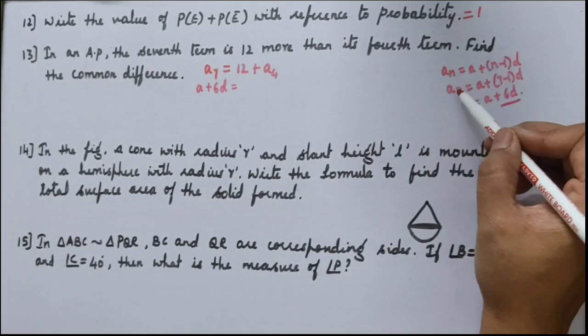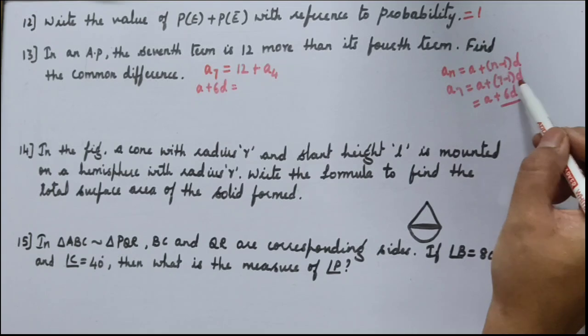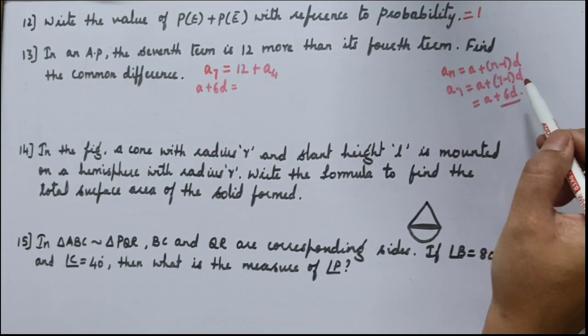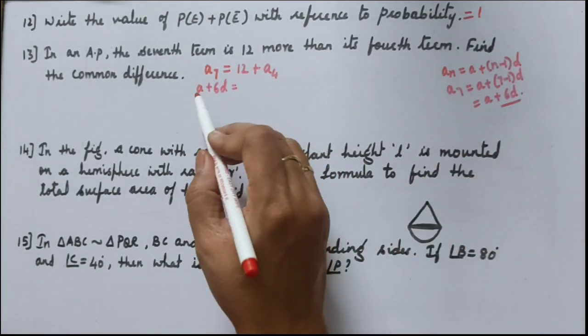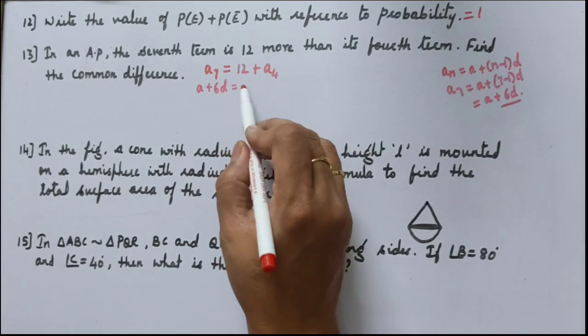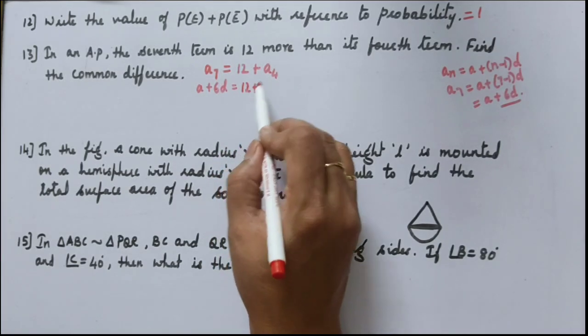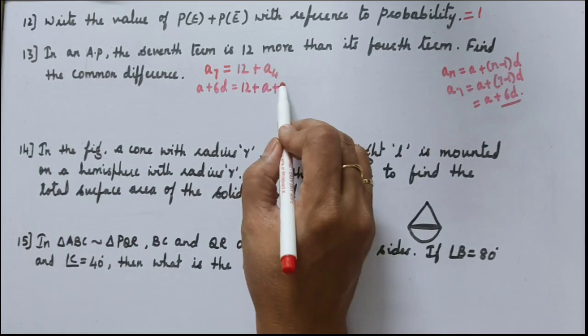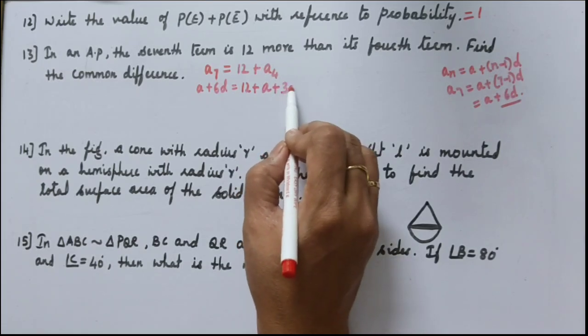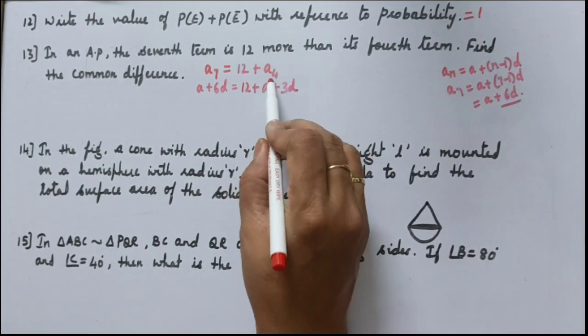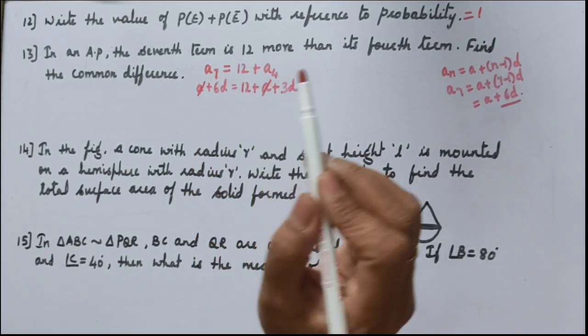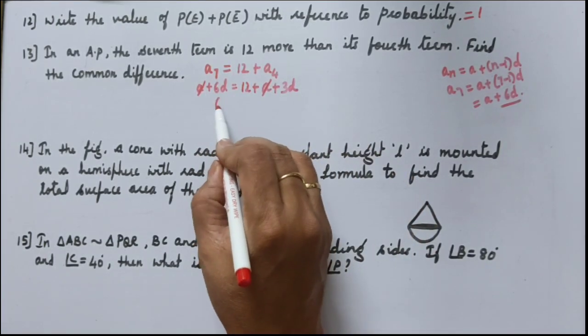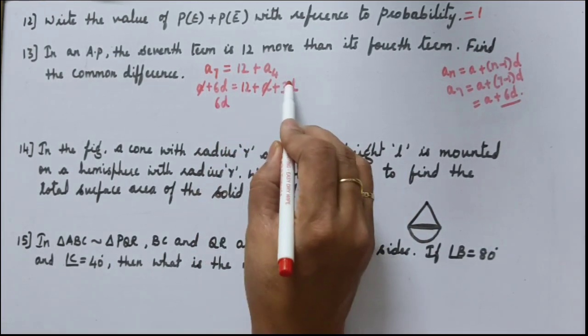Understood? Now we have got here 7, that means the common difference should be reduced by 1. So we have got a plus 6d is equal to 12 plus a4, which can be written as a plus, reducing 1 in the common difference, 3d. A on both the sides gets cancelled. So let us arrange all the like terms.